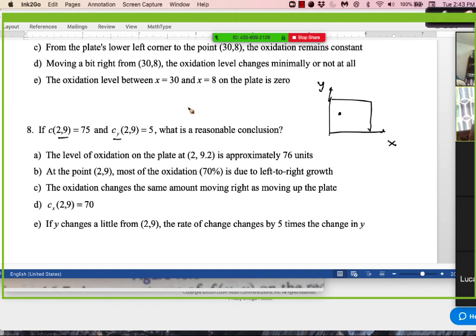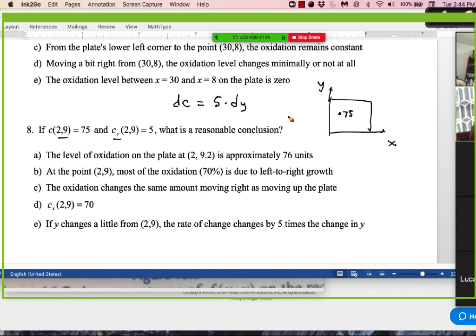That means moving up a little bit to get the change in oxidation, you're going to multiply your change in y by 5. So dc equals 5 times dy. Given a small change in y, the resulting change in oxidation is going to be 5 times that change in y. And we also know that the oxidation itself is 75 there.